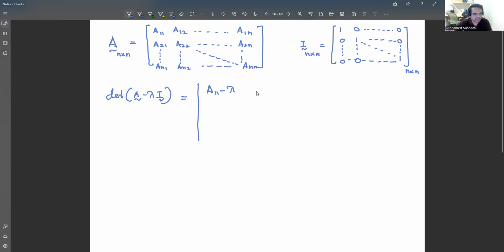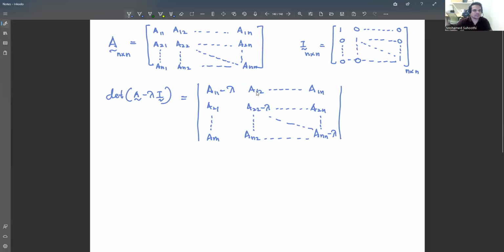A11 minus lambda, A12, up to A1n. Only the diagonal terms you have to subtract lambda from. Then A21, A22 minus lambda, up to A2n. Similarly AN1, AN2, and here you get ANN minus lambda.